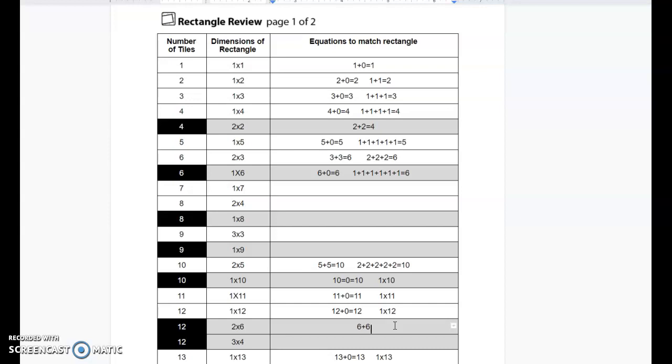That's really 6 plus 6 to still equal 12. We could also write that as 2 plus 2 plus 2 plus 2 plus 2 plus 2 still equals 12. And we could still write that 2 by 6 or 2 times 6 because we saw 2 6 times. For our 3 by 4, we could write that we saw our 3 rows 4 times: 3 plus 3 plus 3 plus 3 equals 12.